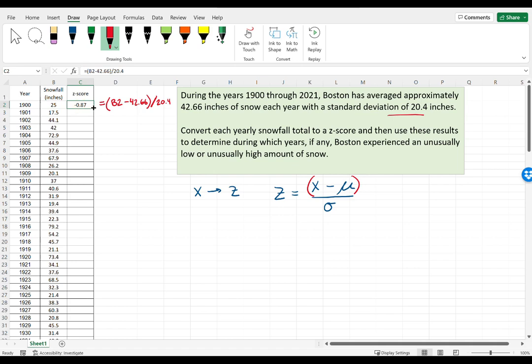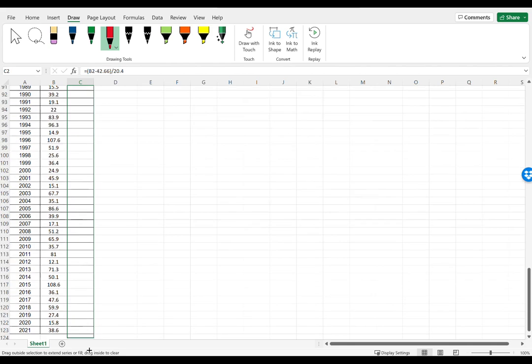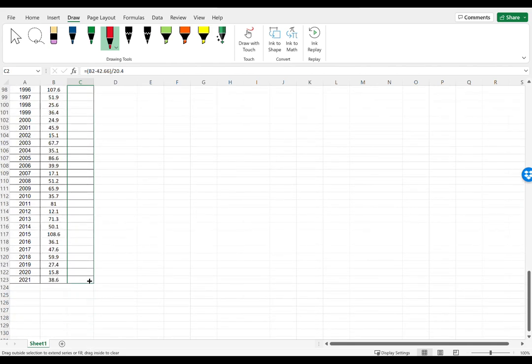Now, for the remaining years, we could simply drag this formula down and have Excel repeat the process for us: number to the left minus 42.66 divided by 20.4. If you hover the mouse over the bottom right-hand corner, click and drag, and we'll go all the way down to the year 2021.